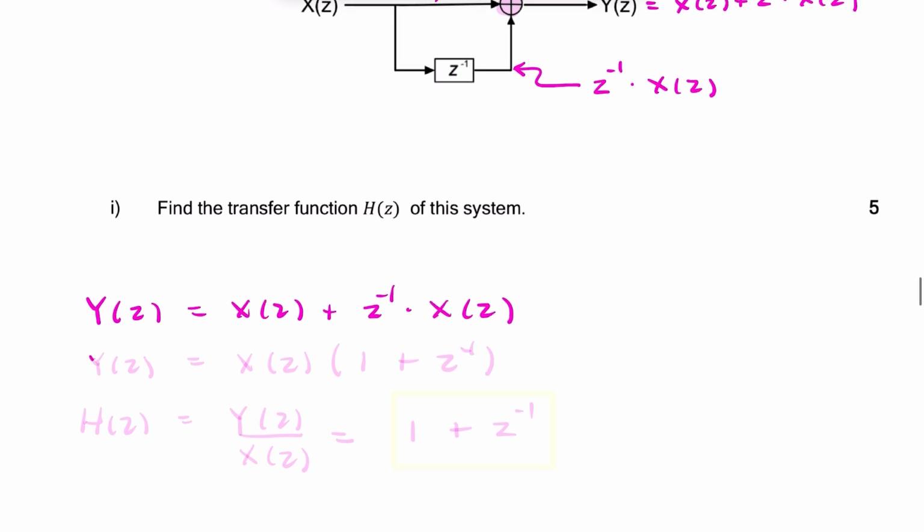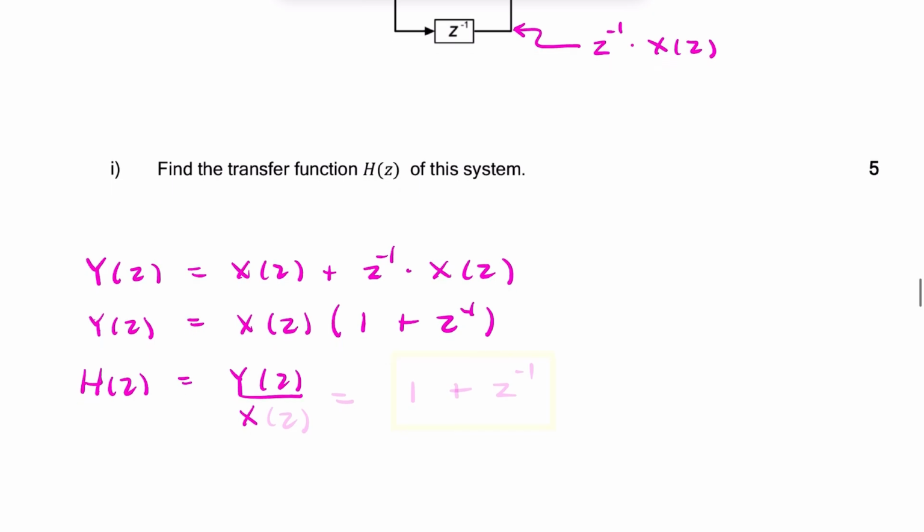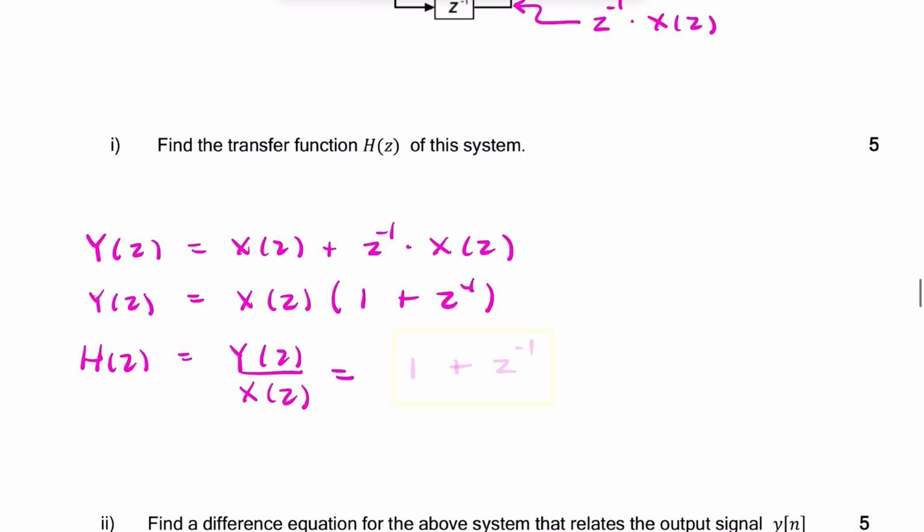So we could take X as a common factor on the right, and then we can divide both sides by X of z, so H of z equals Y of z divided by X of z, which looks like 1 plus z to the minus 1. So that there is our transfer function.